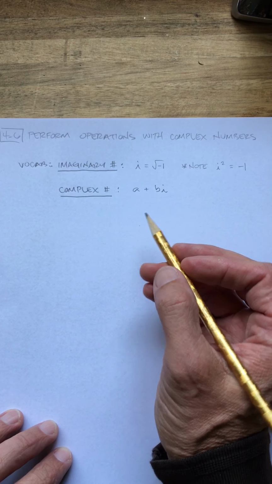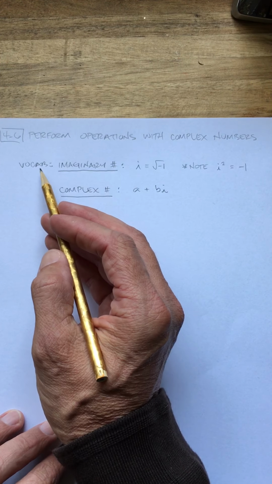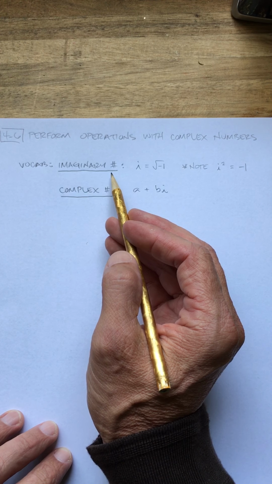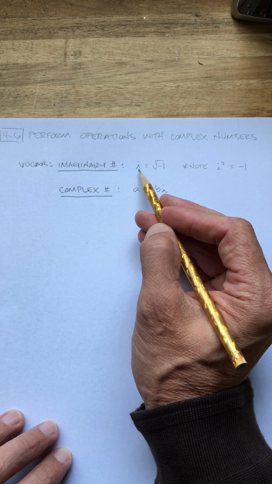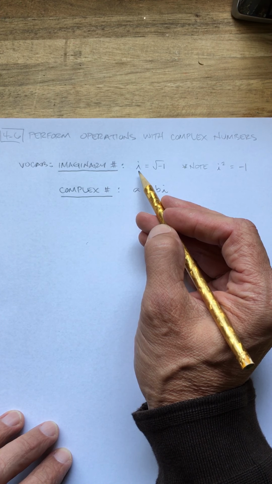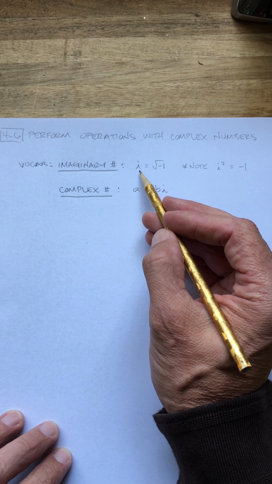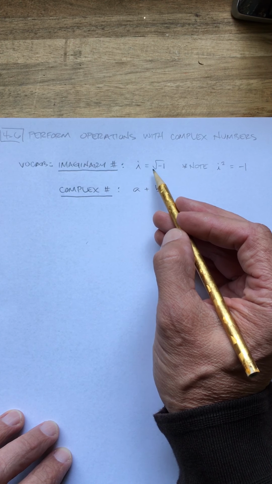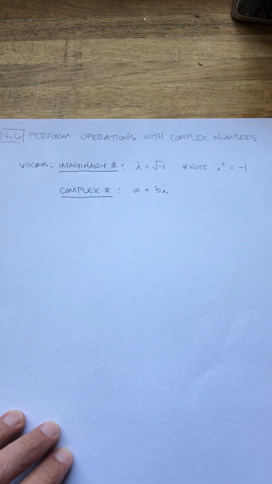The very first thing we need to do is talk about some vocabulary, imaginary numbers. What an imaginary number is, we're going to use the letter i to represent that we have an imaginary number, okay? So i, an imaginary number, is equal to the square root of -1. Now why is that? Here is why.